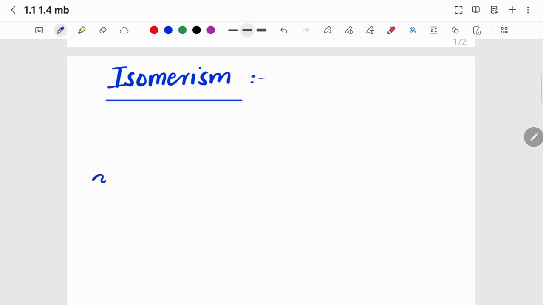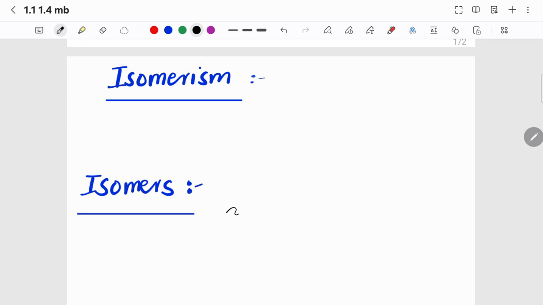So I'm going to write here. Isomers. Okay. What are isomers?